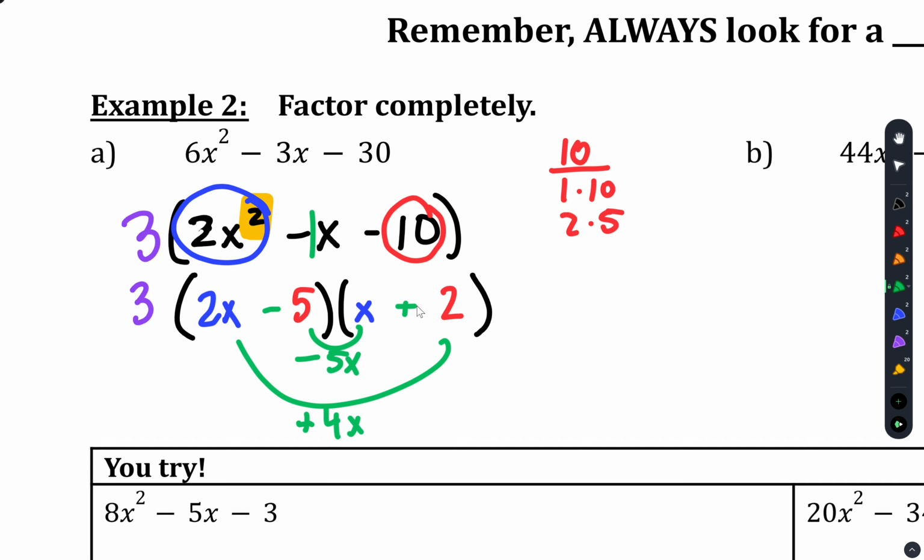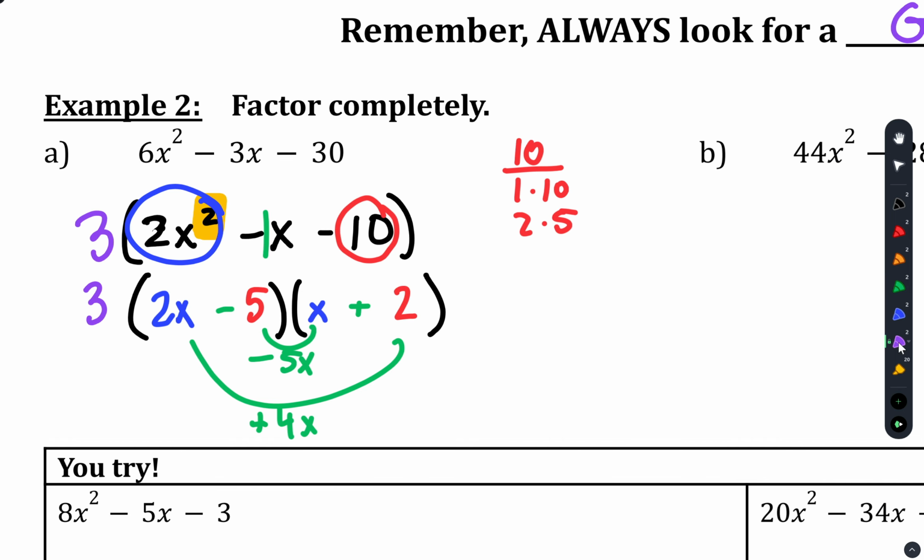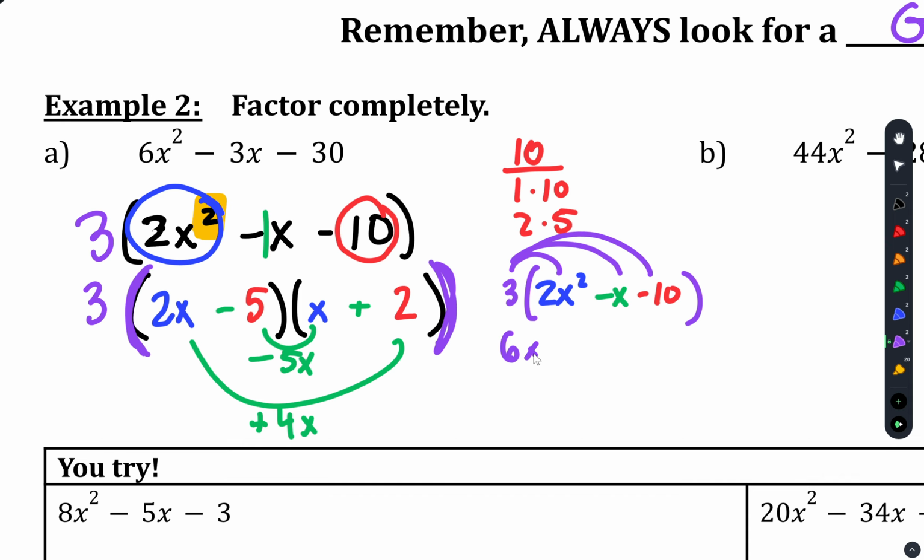Now, the way that we check these is a little bit interesting. We're going to leave these guys in their parentheses with the GCF and FOIL those out first. So I got a negative x, I have a 2x squared, and I have a negative 10. And then I FOIL out that GCF. So then it should match my original, which it does. So here's my answer. This whole thing.